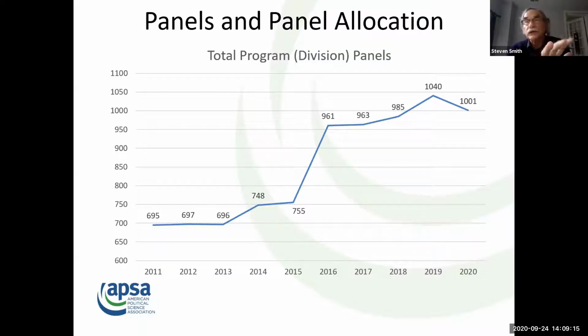So we have 5 time slots every day for when we have full days as opposed to 4. And then we shortened the time from 1 hour and 45 minutes to 1 hour and 30 minutes. So we could have more panels and 5 time slots, which allowed us to increase the number of panels that we were allocating.